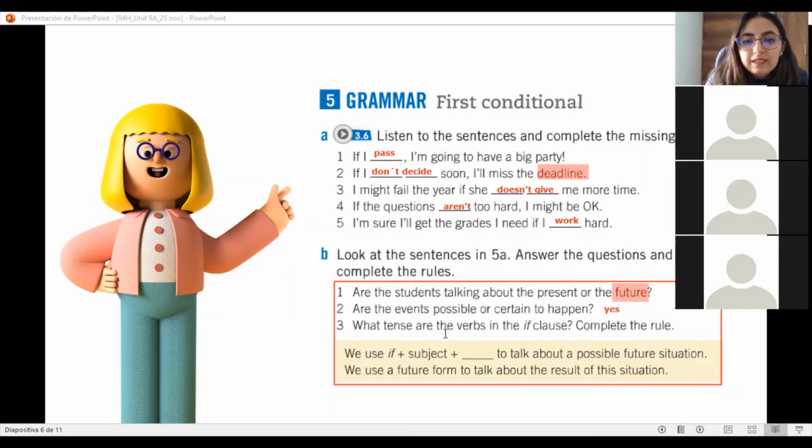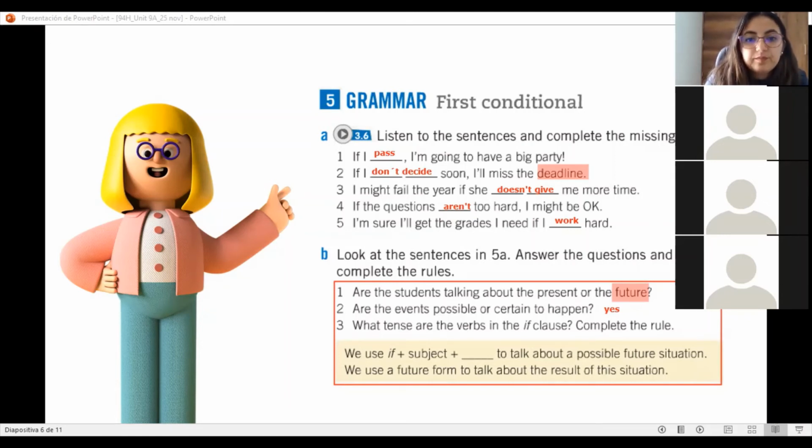What about the tense? What is the tense in the if clause? What is the tense of the verb in the sentence or in the part that you have the word if? ¿En qué tiempo está el verbo en la pequeña cláusula o oración en la que tenemos if?